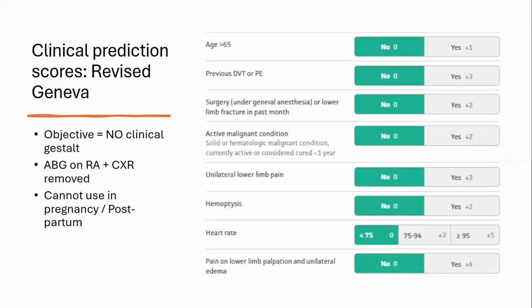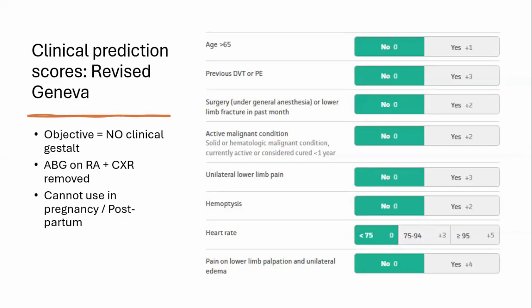Then another scoring system, which I think is pretty nice, just because sometimes if you're in such a busy unit, it takes away that cognitive load, the clinical gestalt. Yes, it's important to have that and always trust that, but sometimes you just need a scoring system to help you risk stratify your patients. So the revised Geneva score is to risk stratify patients into low, medium, or high risk based on history and physical exam.